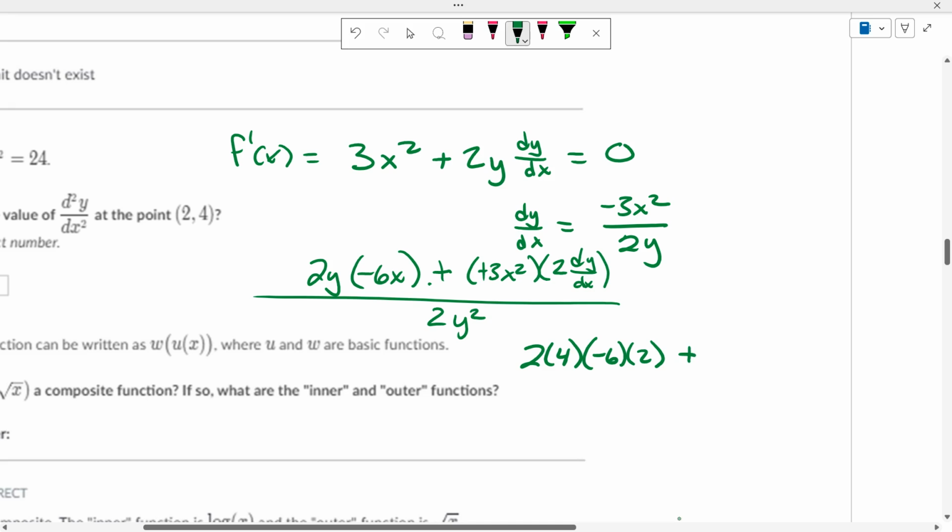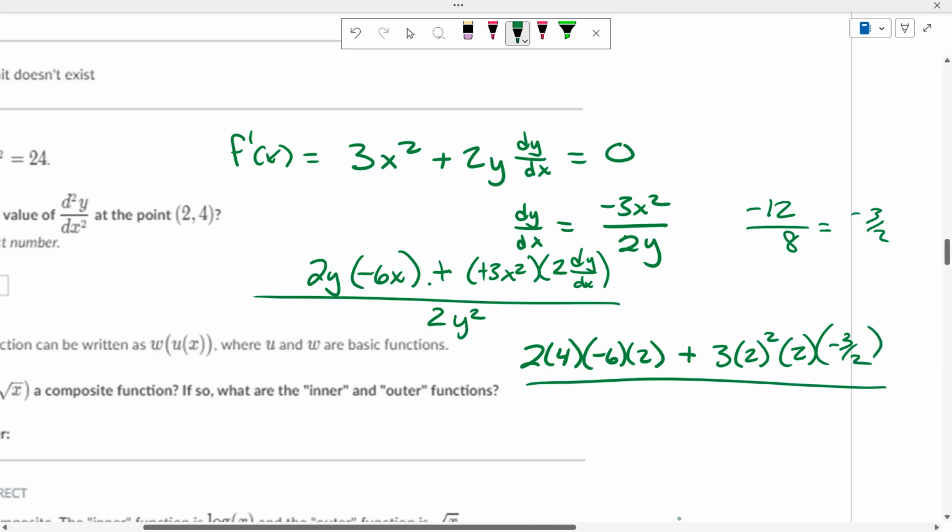So plus 3x squared is 2 squared times 2 dy/dx. If we plug the numbers into dy/dx, we get 4 times 3, which is negative 12, over 2 times 4, which is 8, which if we reduce it by 4 is negative 3/2, over 2y squared.